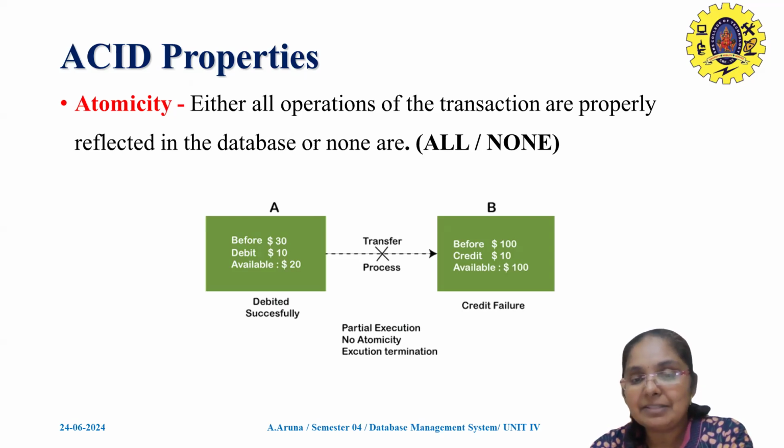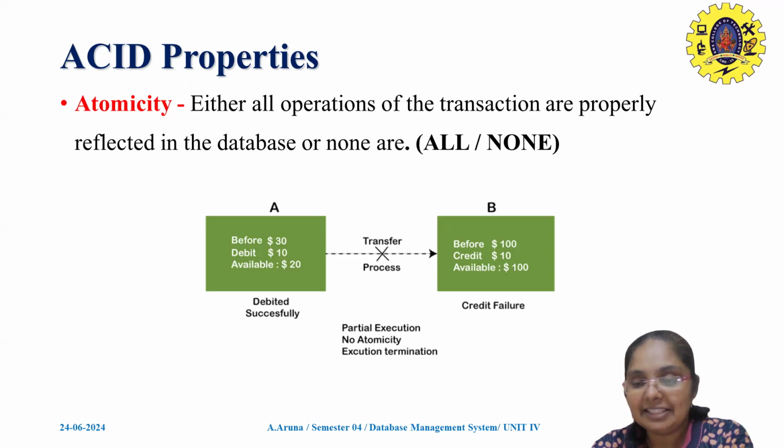So I'm saying here there is no atomicity. According to the atomicity property, either all the transaction must take place or none of it should take place. Here only a partial part of the transaction has been completed. So we are saying there is no atomicity between A and B because my execution is terminated intermediately, but there is a consistent database.